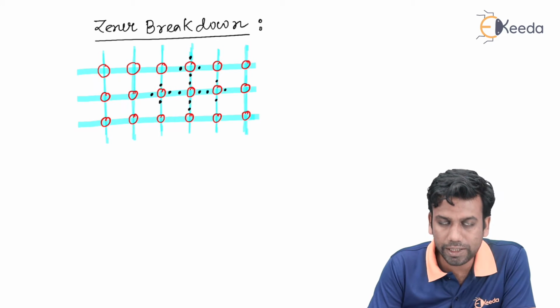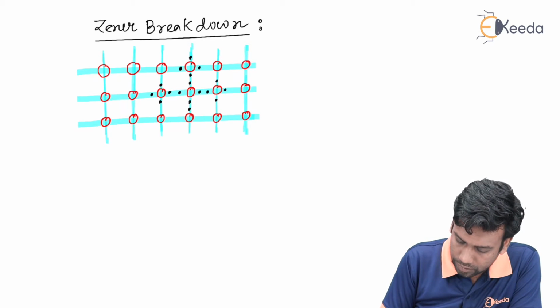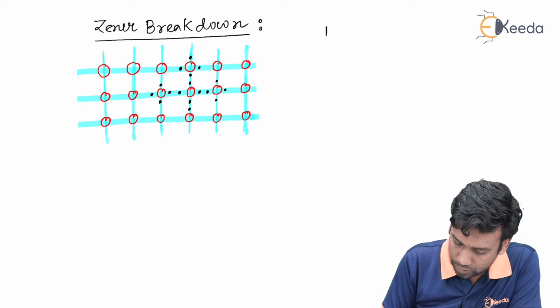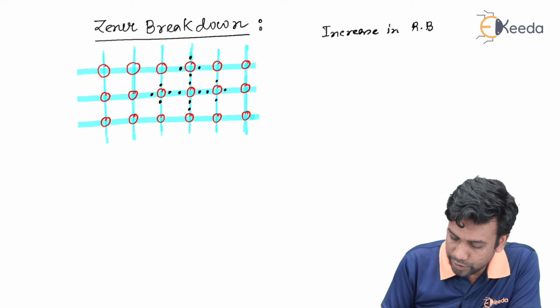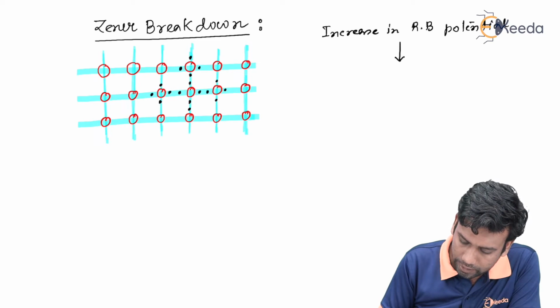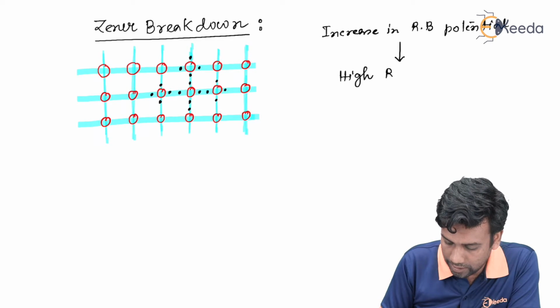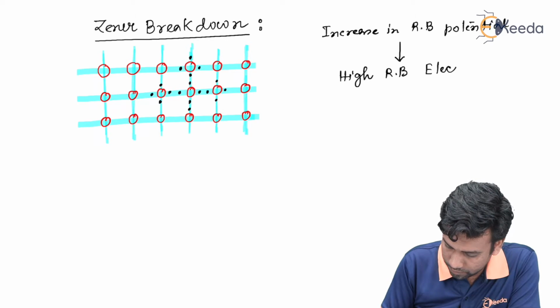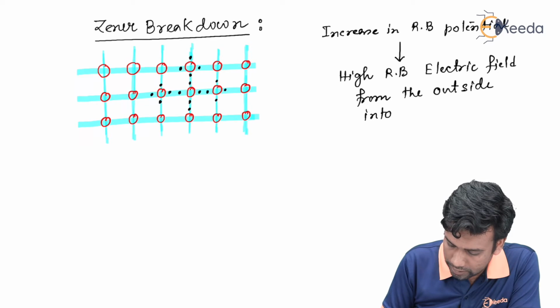Now, as we are increasing the reverse bias potential, it means we are imparting a high electric field, or we can say a high reverse bias electric field, from the outside into the semiconductor.